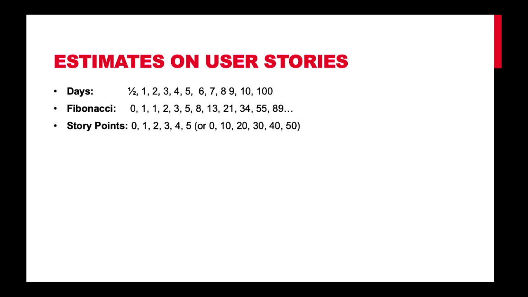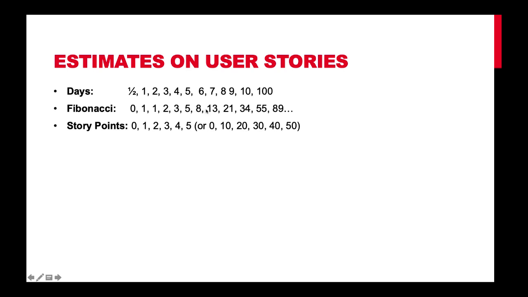Others will use Fibonacci story points, right? Where they start at 0 and they get higher and higher. 0, 1, 1, 2, 3, 5, 8, 13, 21, 34, 55, 89. So the farther you get up this, the harder it is. The good thing about this is when you're assigning a low number of points, you know that the stories are relatively easy and relatively similar, and they increase in difficulty exponentially.